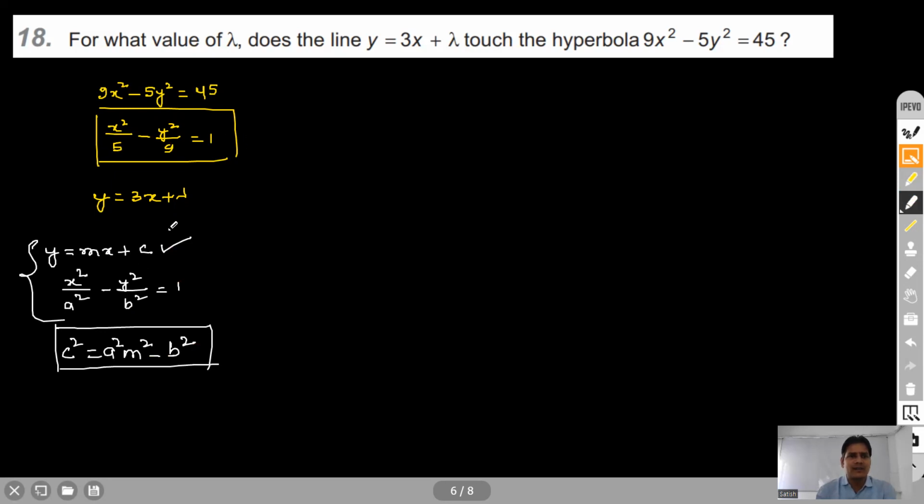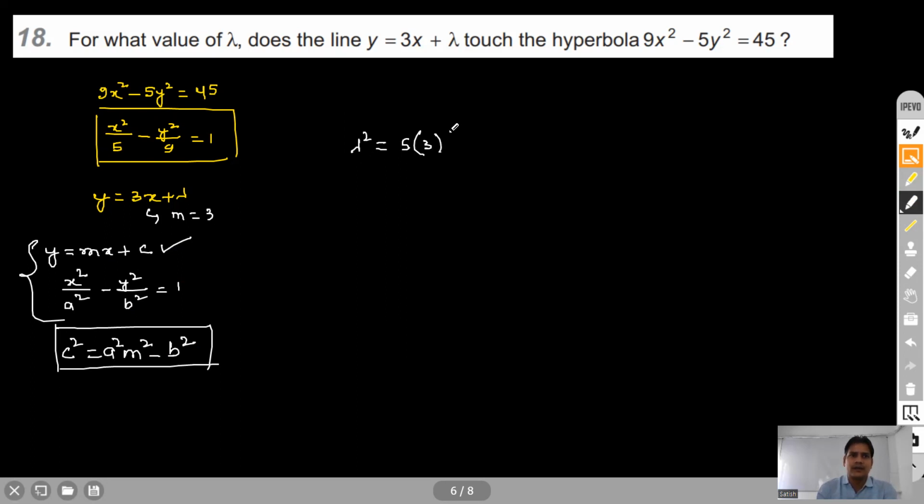So we will compare the same thing here. The line given is in the form y is equal to mx plus c only. So our lambda square must be equal to a square m square minus b square. What is a square? a square is 5. And what is the value of m? The slope of this line is 3.